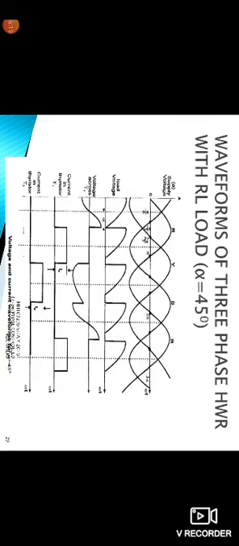Whenever the firing angle is 45 degrees, these are the waveforms of the three phase half wave rectifier with resistor inductor load.